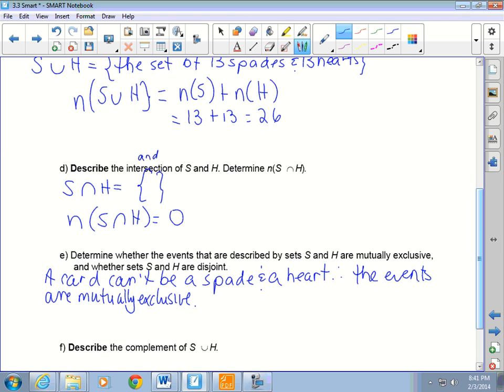So are they disjoint? Well, they are disjoint because disjoint means they don't have anything in common or that there's no overlap. So spades and hearts would be a disjoint set. So they're disjoint sets because there isn't any overlap.